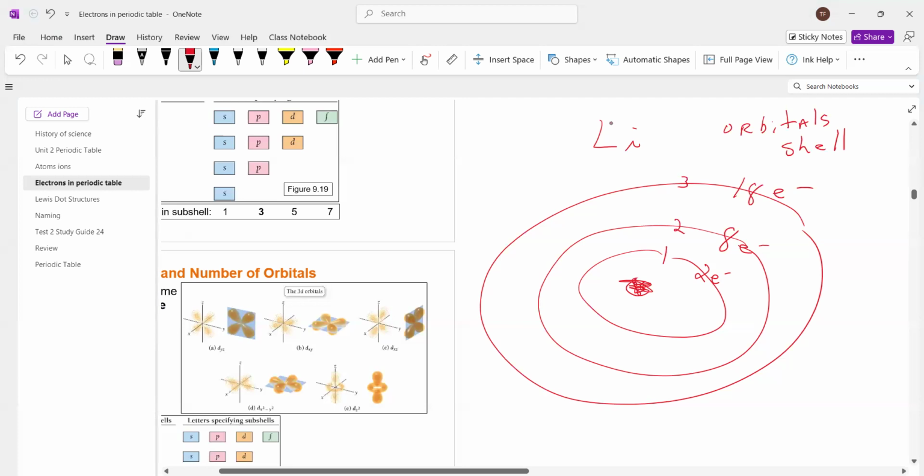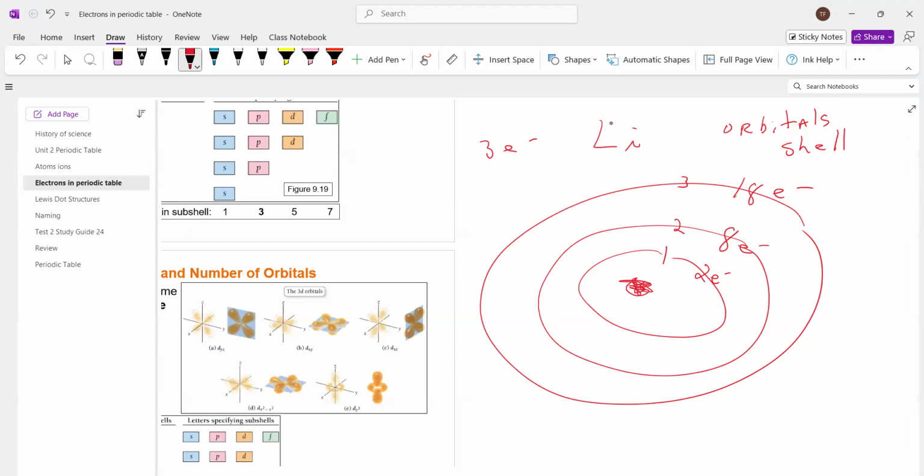Now, if we look at lithium, lithium has 3 electrons. So the way they're going to reside in those orbitals, they're going to first populate the most stable orbital, which is the innermost one. So that means 2 of those are going to go in that first orbital. Then we have 1 left over.